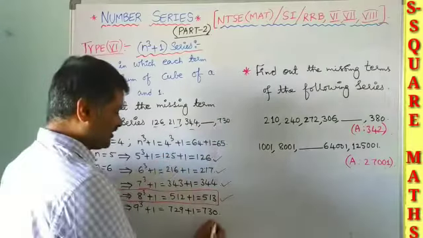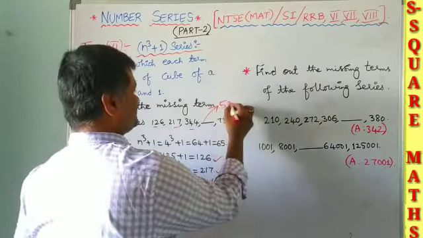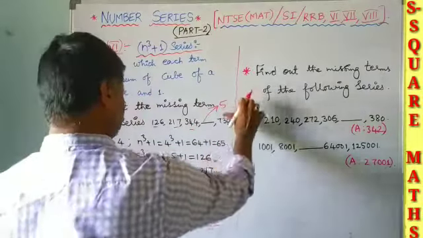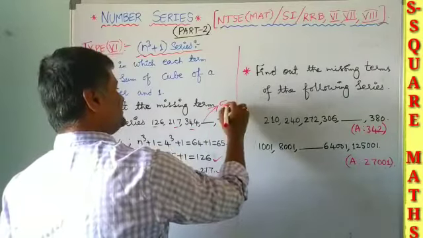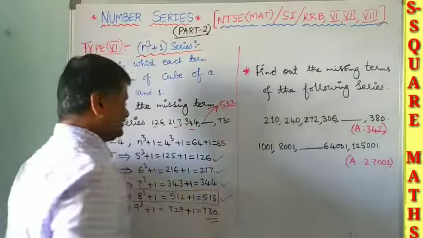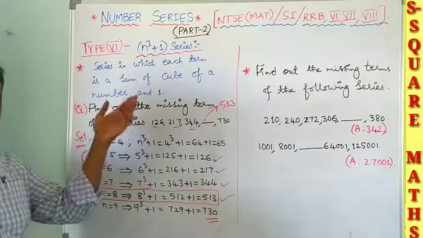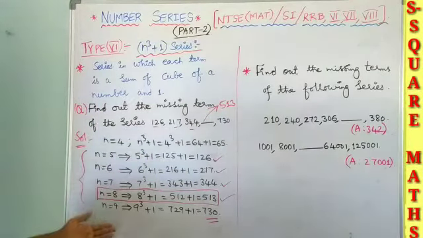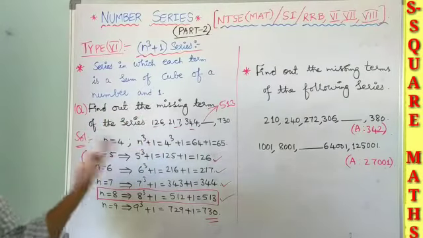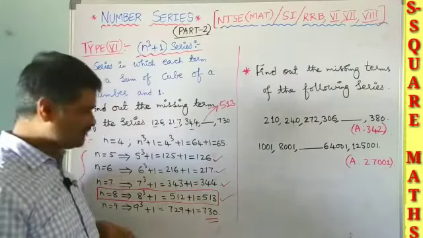Later we got 730 also. So hence the missing term is 513. So n³ plus 1 supports the example. No need to check right from n is equal to 1. Go like this, by seeing the numbers in the pattern, whether it is applicable for squares or cubes. So here n³ plus 1, this is the model.